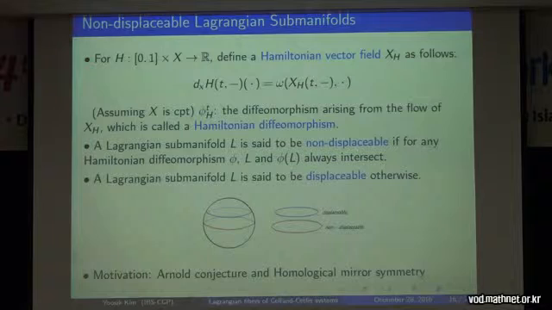You probably want to ask, why do I care about non-displaceable Lagrangians? Here is some motivation. The existence of a non-displaceable Lagrangian is evidence for the rigidity of symplectic topology. There's no topological reason L and its Hamiltonian image should intersect, but they enjoy some intersection property.